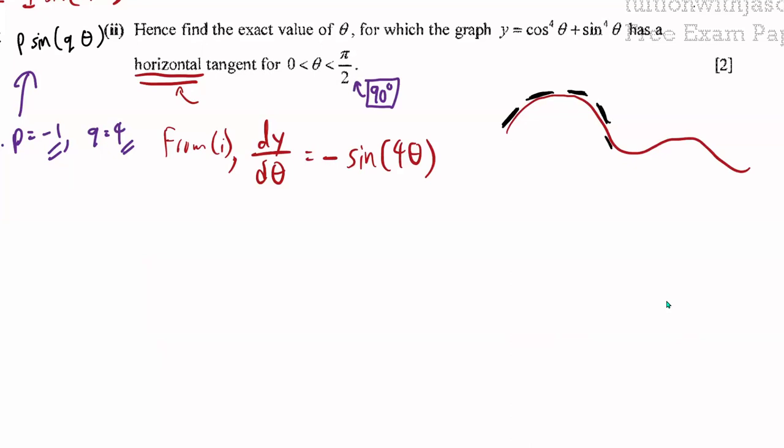When is it horizontal? So in other words, what point of the graph has a horizontal tangent? Max point, as well as min points.